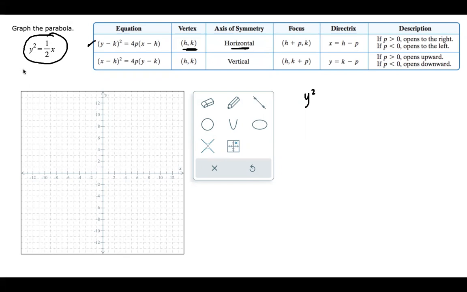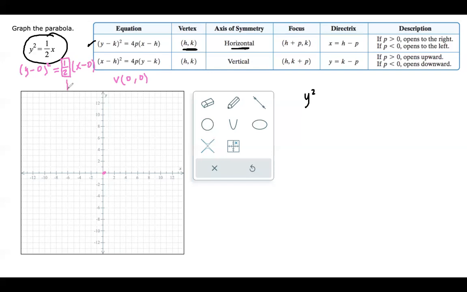This equation can be written as, because we don't have an explicit value for k, we're going to assume that this is 0, (y - 0) squared is equal to 4 times p, which is 1/2, times (x - 0). Right now, we're not going to worry too much about this value, but about the vertex. In this case, the vertex is going to be at (0, 0). That means that this parabola is at the origin.